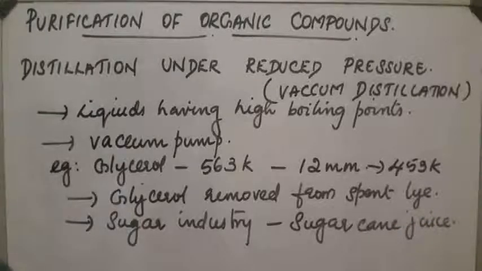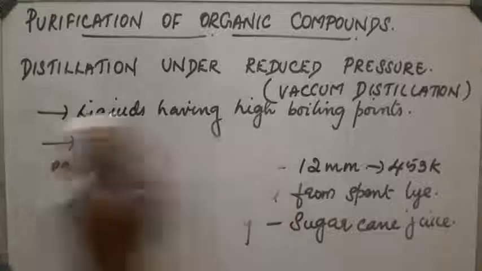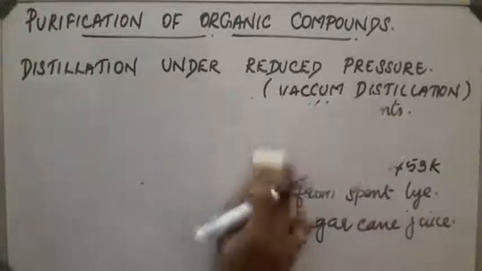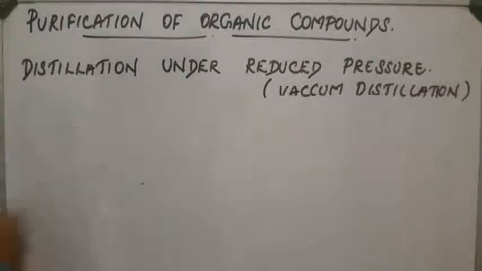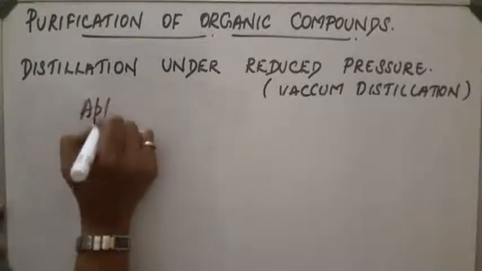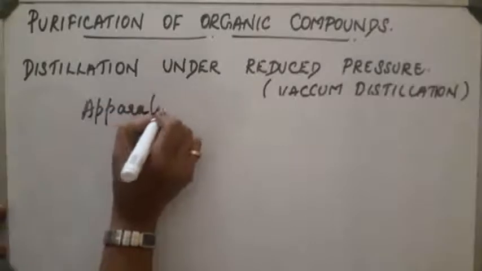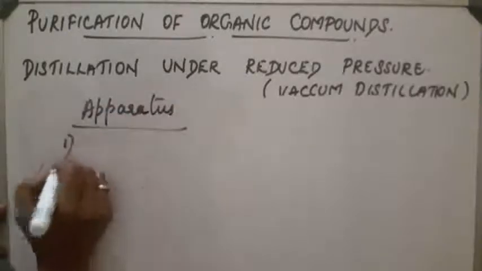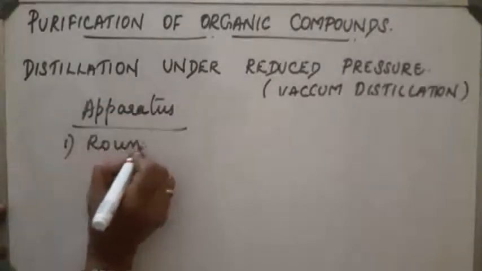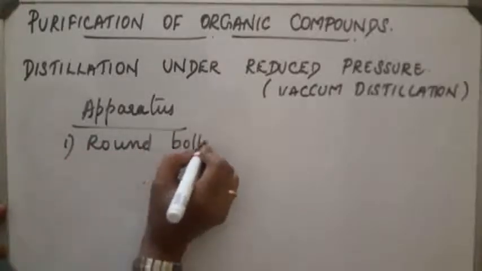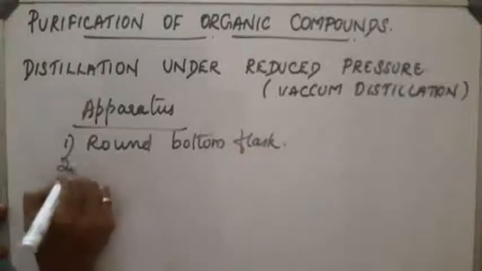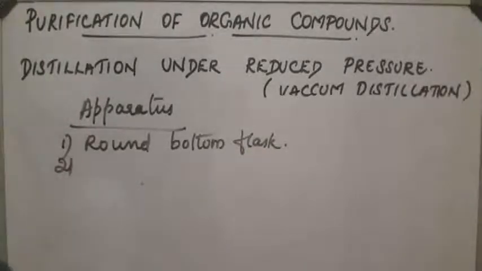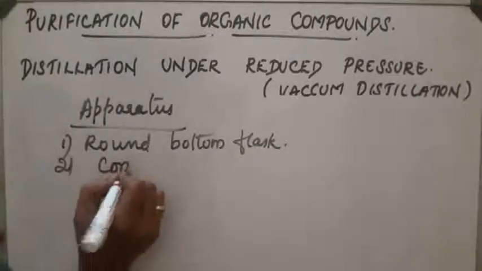Now let us explain the apparatus. Apparatus consists of a round bottom flask in which we are taking the mixture. Next there is a condenser which condenses the liquid.